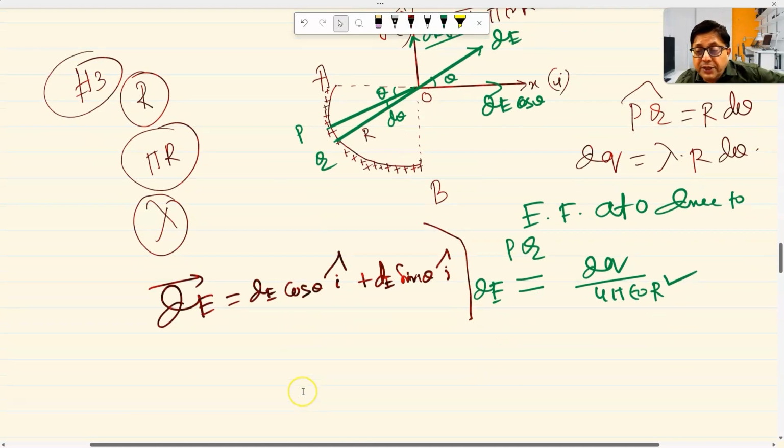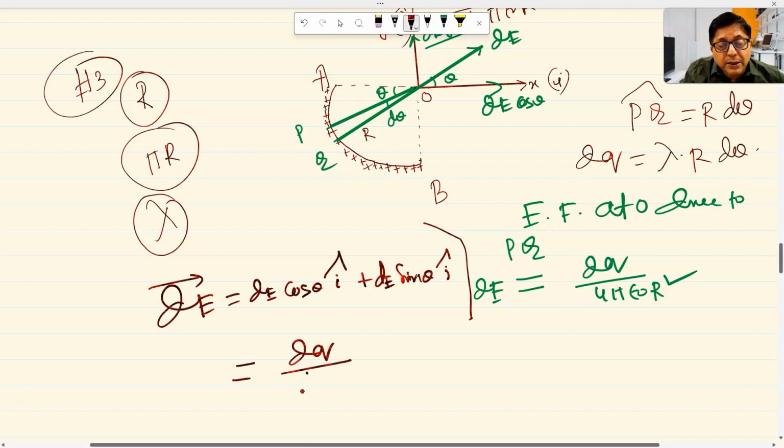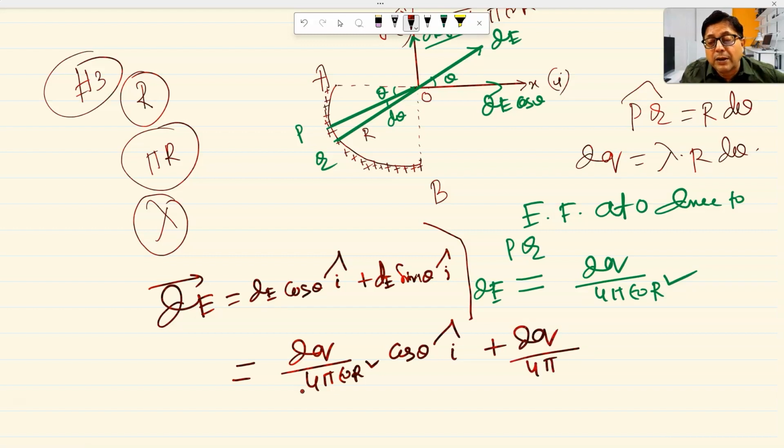Now put the value of dE, calculate each part separately. So this is going to be, what is dE here? dq by 4 pi epsilon 0 r square cos theta i cap plus dq by 4 pi epsilon 0 r square into sin theta.